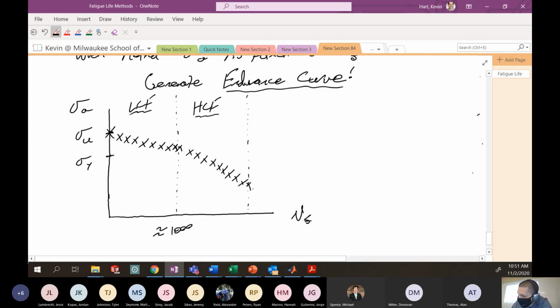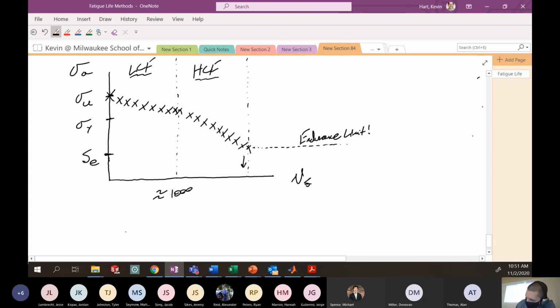And that value, maybe let's say is over here, you would start to see some situation where you go below that amplitude and you will never see failure. Infinite. Right? This idea here we call the endurance limit. That is typically given as capital S sub E.